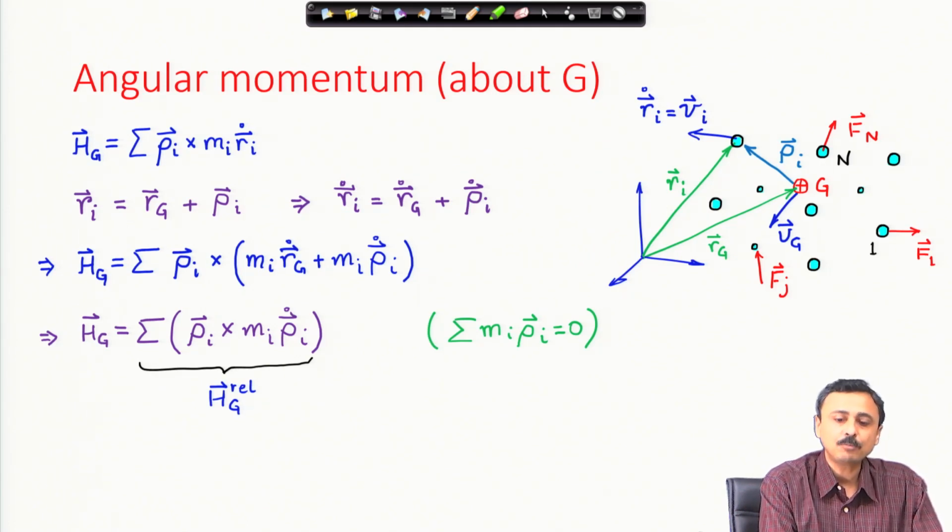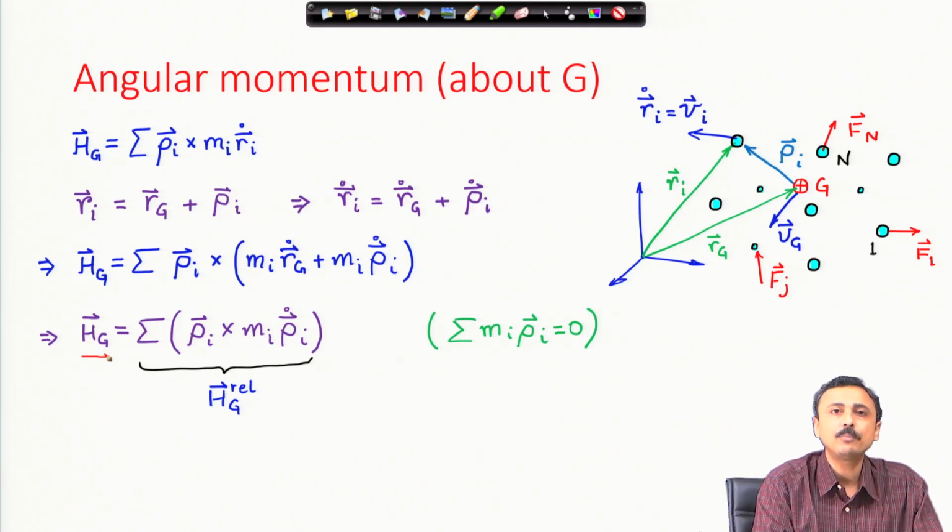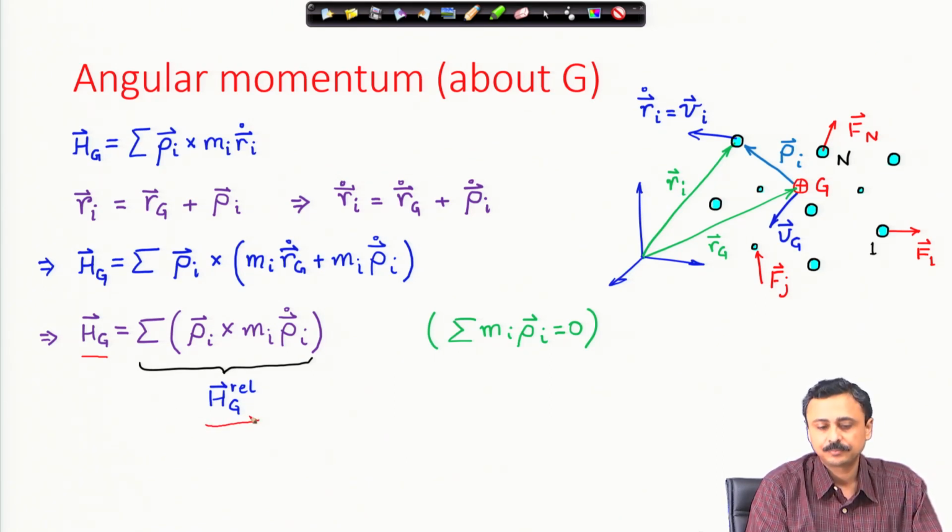Therefore, the angular momentum of the whole system about the center of mass is equal to the relative angular momentum about the center of mass.